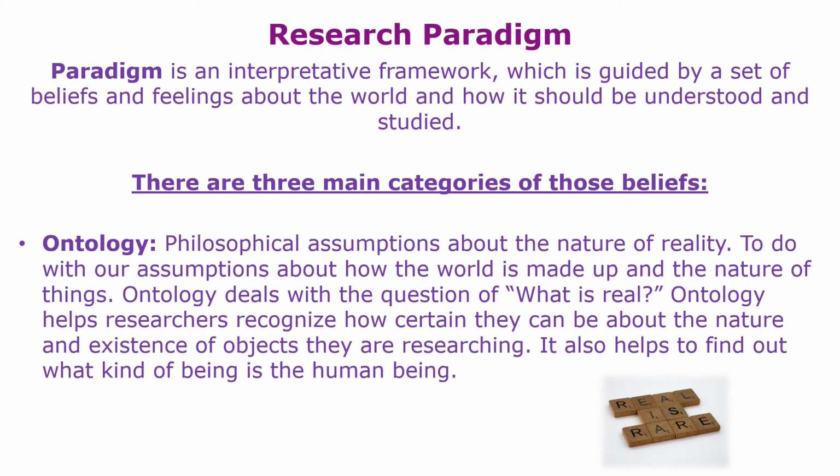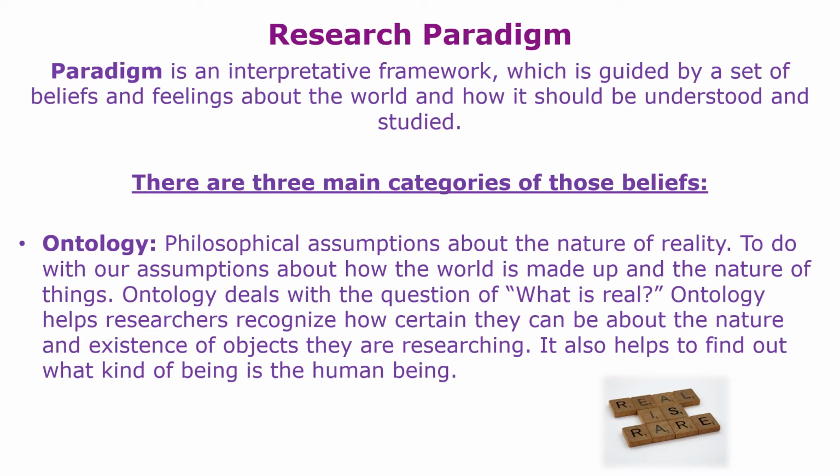We'll start with ontology. Ontology is your philosophical assumption about the nature of reality. What is real? What do we assume about reality? Our philosophical assumptions about the nature of reality have to do with our assumptions about how the world is made up and the nature of things. Ontology deals with the question of what is real.